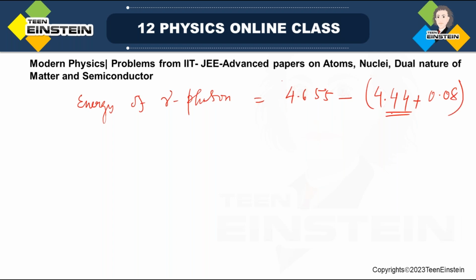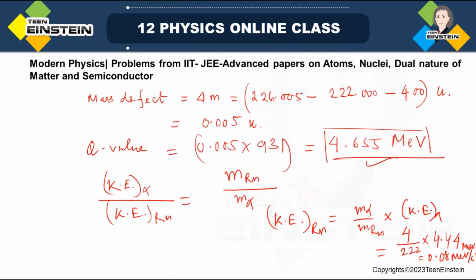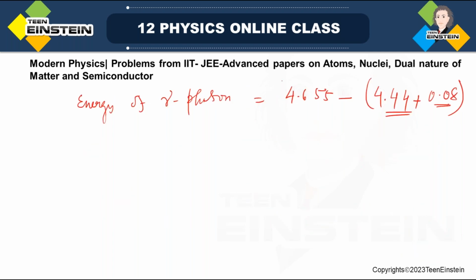This is the alpha particle kinetic energy, and this is the kinetic energy of the radon, that means the residual nucleus. The excess of this energy will be carried out by the gamma photon.